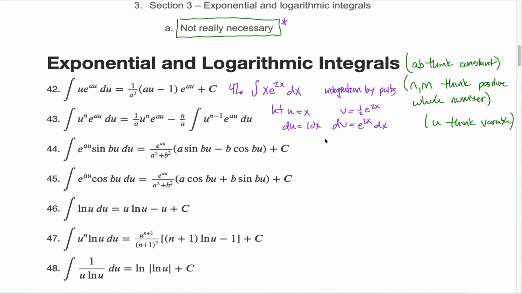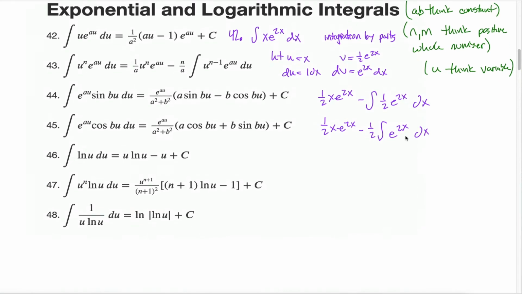And when we throw all the different pieces together, we get that this integral is equal to u times v, so 1/2 x e to the 2x, minus the integral of v du, so 1/2 e to the 2x times 1 dx. This part over on this side is done, 1/2 x e to the 2x. Over on this side, we can take the 1/2 and pull it out in front. And what's left is to figure out the antiderivative of e to the 2x.